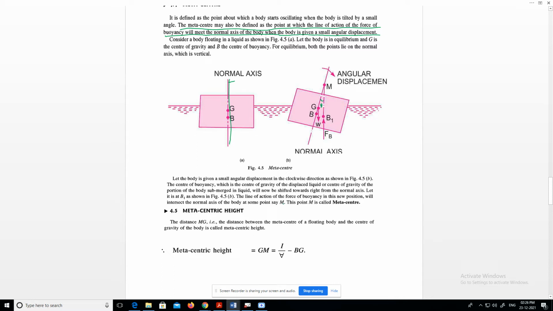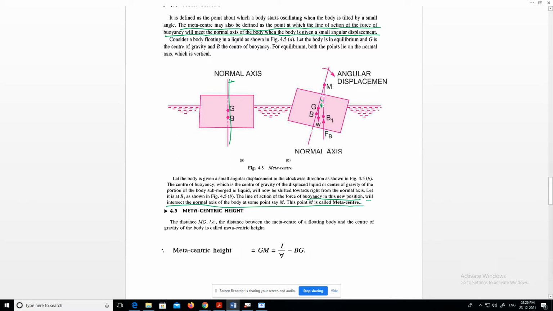The line of action of the force of buoyancy in the new position, first occupied in the normal axis and now in the new point, will intersect the normal axis at point M, which is called the meta center.